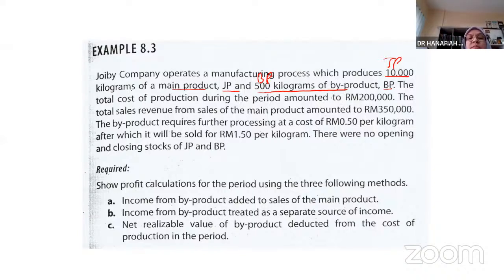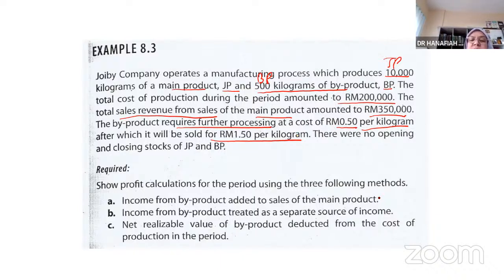The total cost of production during the period amounted to 100,000, and the total sales revenue from the sales of the main product amounted to 350,000. The byproduct requires further processing at a cost of 50 cents per kilogram, after which it can be sold for 150 per kg. There is no opening and closing stock. Show the profit calculation for the period using the following three methods.